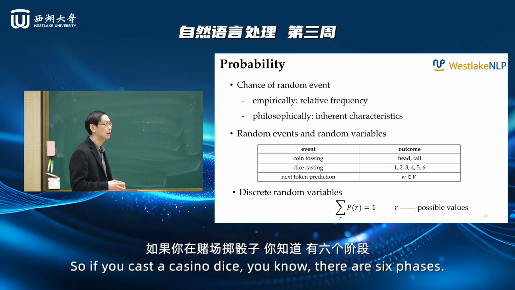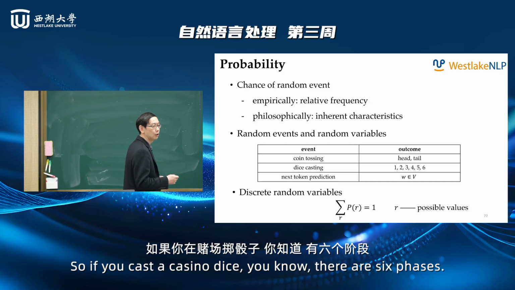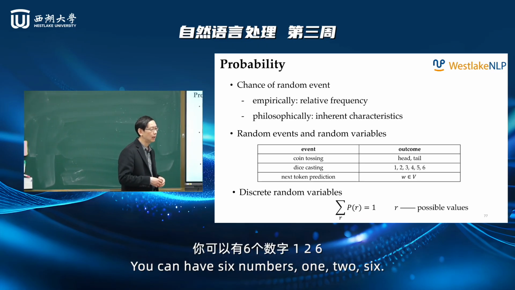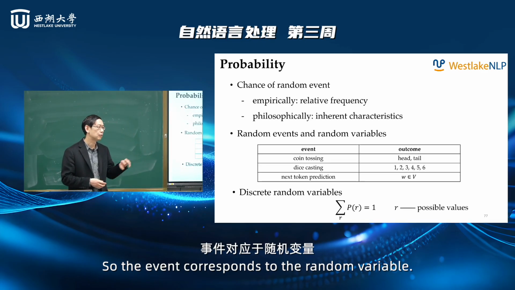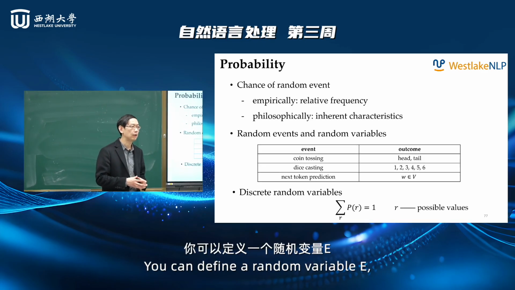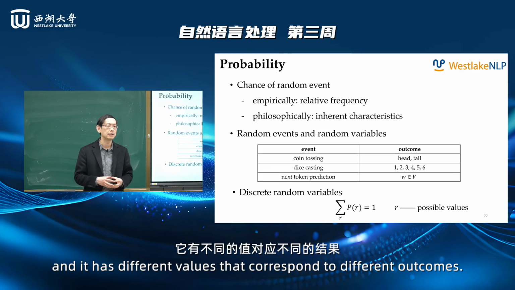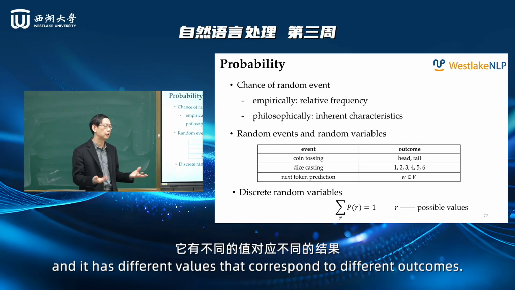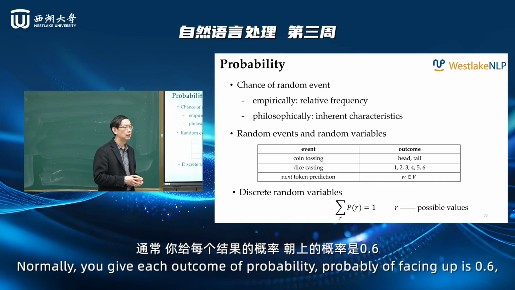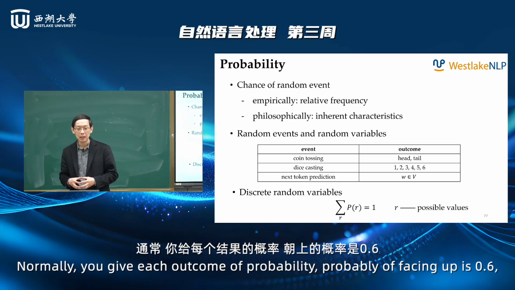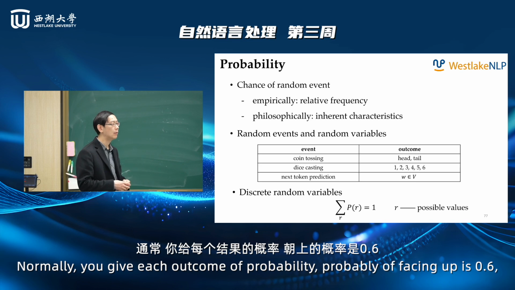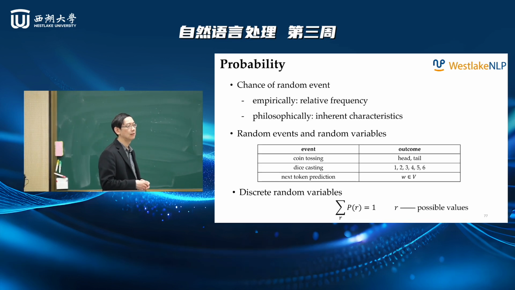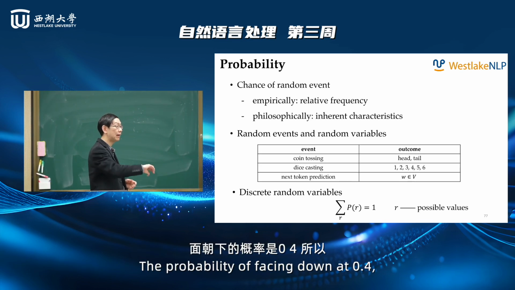If you cast a casino dice, you know there are 6 faces, so you can have 6 numbers, 1 to 6. So the event corresponds to the random variable. You can define a random variable E, and it has different values that correspond to different outcomes. Normally, you give each outcome a probability. The probability of facing up is 0.6, the probability of facing down is 0.4.